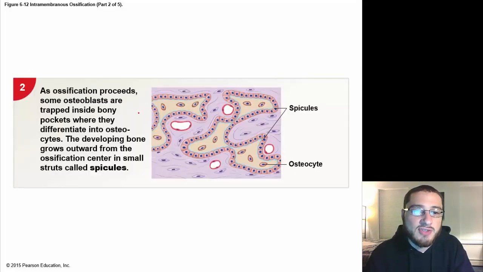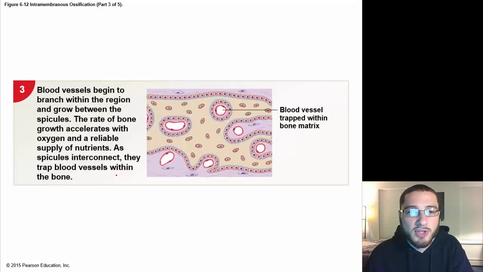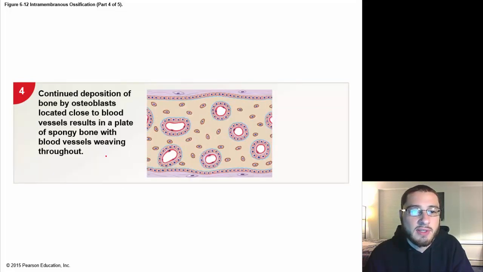As ossification proceeds, some osteoblasts are trapped inside bony pockets where they differentiate into osteocytes, which are our mature bone cells, and the bone grows outward from the ossification center in small struts called spicules. Blood vessels begin to branch into regions and grow between the spicules. The rate of bone growth accelerates with oxygen and a reliable supply of nutrients.